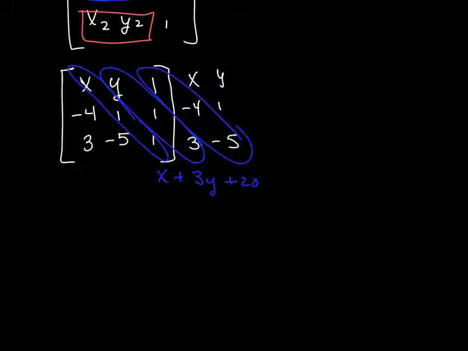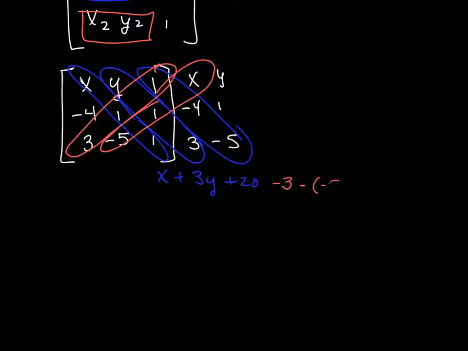Then I subtract going in the opposite direction. So I subtract 3. Subtract a negative 5x. And then the last one I need to do is subtract a negative 4y.